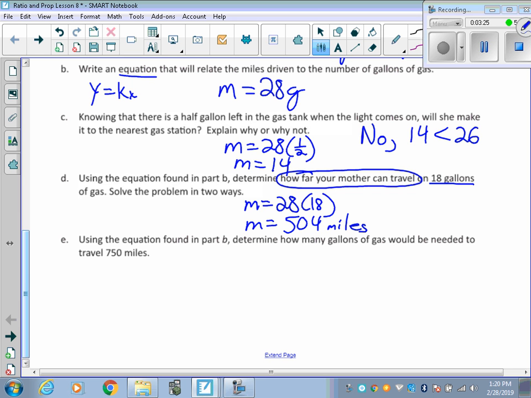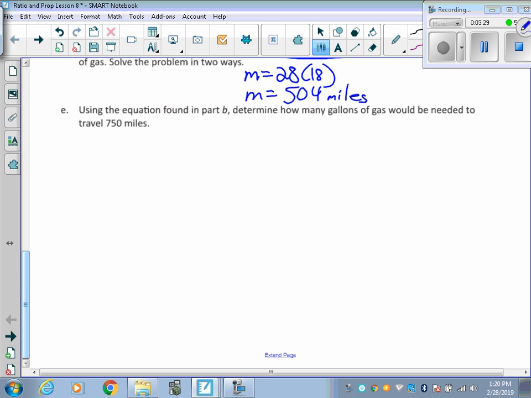Next, using the equation again, how many gallons of gas are needed to go 750 miles? So in this case, we know the M. We know 750 miles equals 28 times the number of gallons, and that's what we have to figure out.